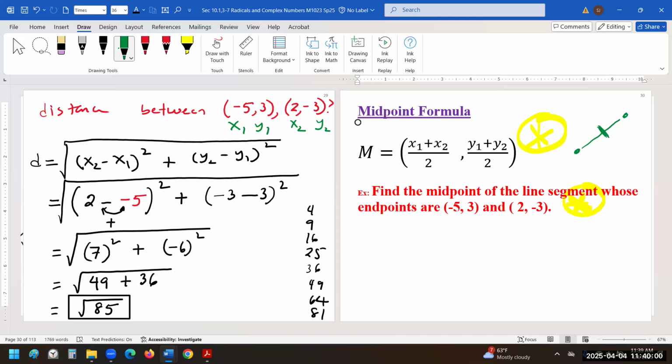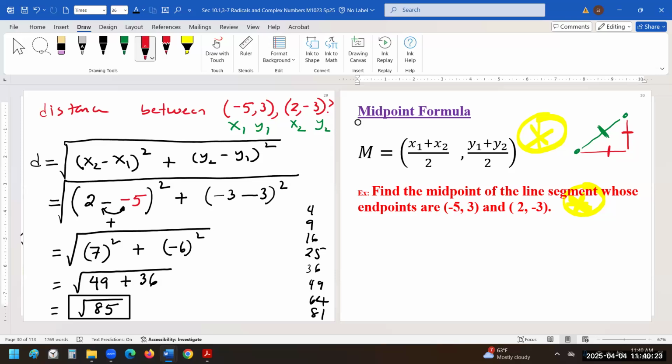So what the mathematician says is, well, it's easy. All you have to do is see what is the middle point of your x's and what is the middle point of your y's. Whatever is the middle point for x and middle point for y, that will give you the middle point of the line.